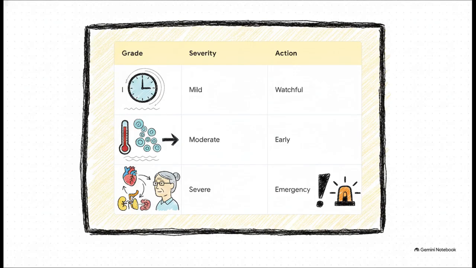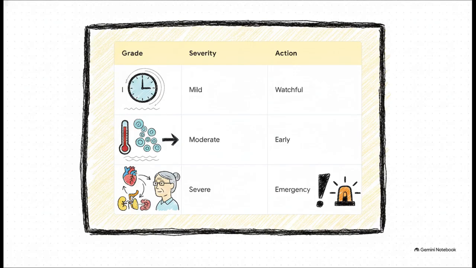To meet Grade 2 criteria, a patient must possess any 2 of the following: an abnormal white cell count, a high fever of 39 degrees Celsius or higher, an age of 75 years or older, a total bilirubin of 5 milligrams per deciliter or more, or a critically low albumin. Our patient arrived with a high fever, an elevated white count, and a bilirubin well above 5, satisfying 3 criteria for Grade 2 right upon arrival.